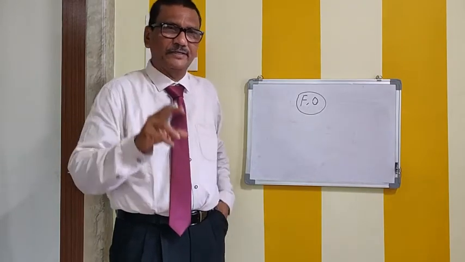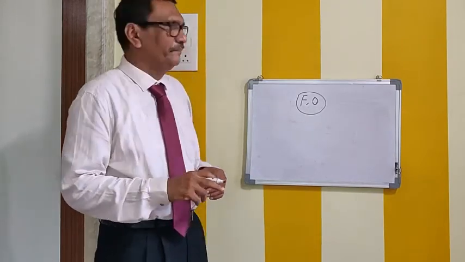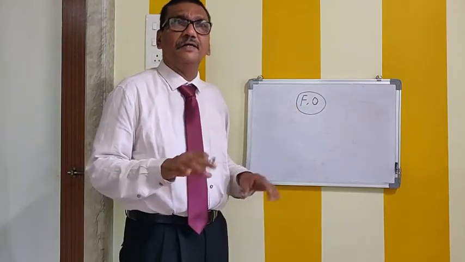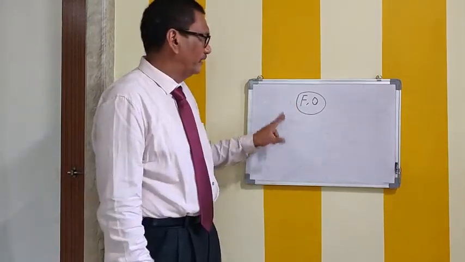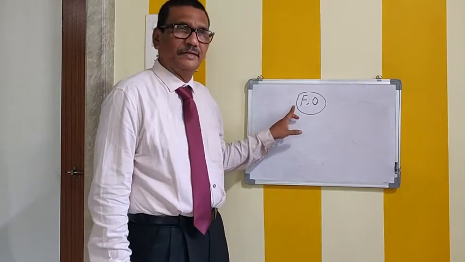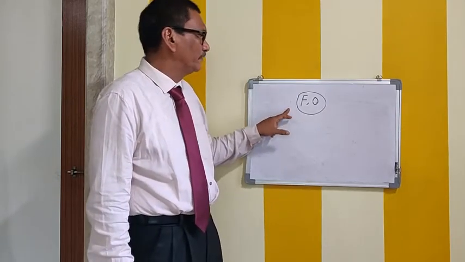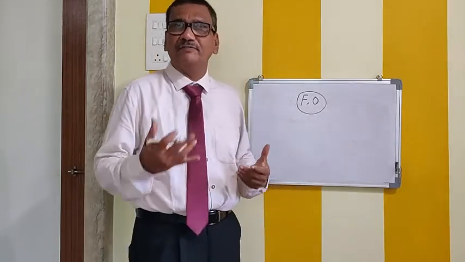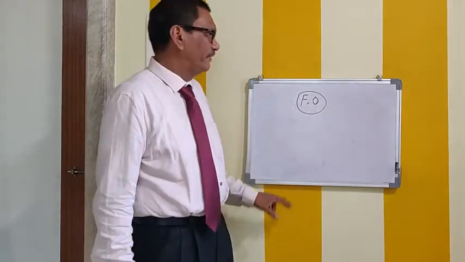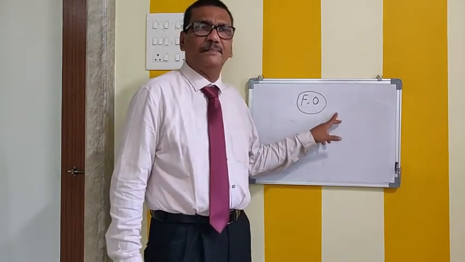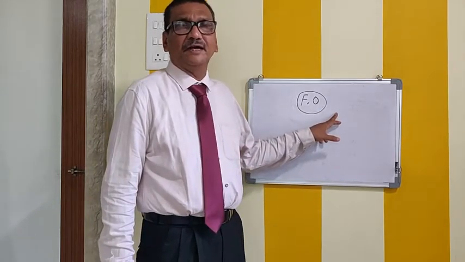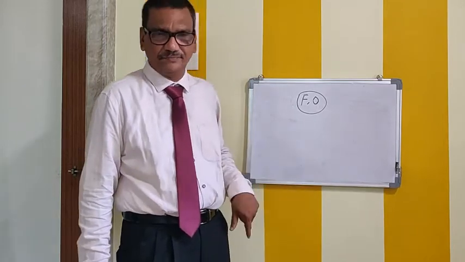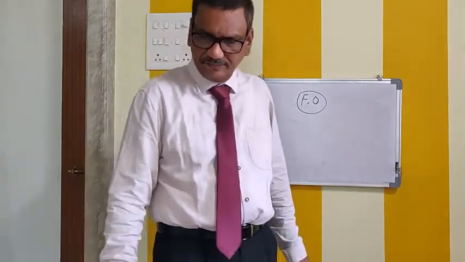The force of attraction between the ligand and the lanthanide ion can increase. That is, the electrostatic force of attraction can increase, and due to this, the ligand field stabilization energy, which was minimum, now increases because of this factor. And as the ligand field stabilization energy increases, definitely the tendency of lanthanides to form stable complexes increases.